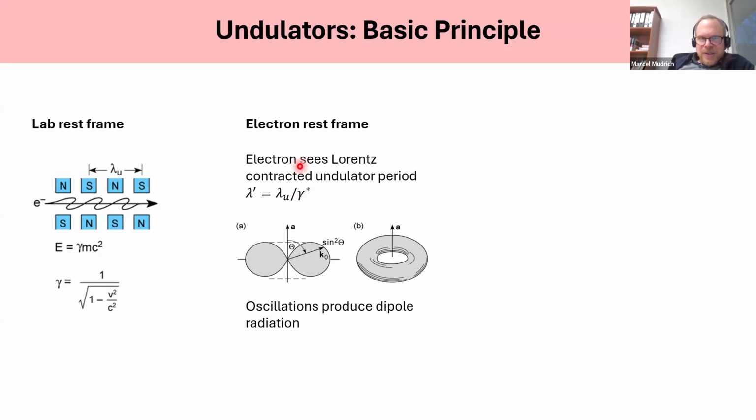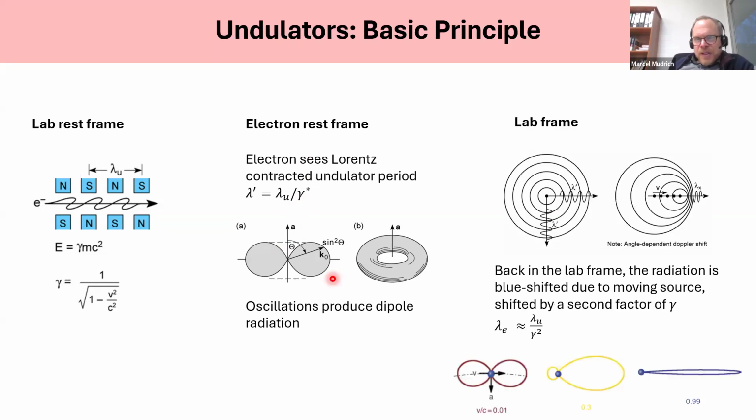Then in the rest frame of the electrons, they perform this oscillatory motion and would emit the Hertzian dipole radiation with this sine squared theta angular dependence. But this is the radiation pattern in the rest frame of the electrons. Eventually, we have to transform back into the lab frame because the experiments in the end take place in the lab frame.